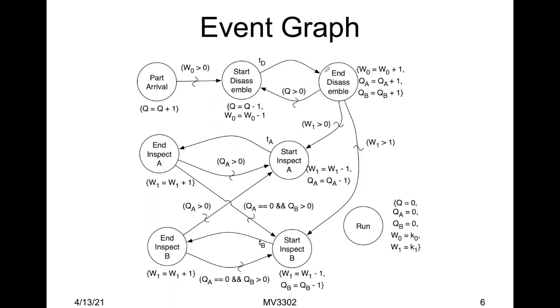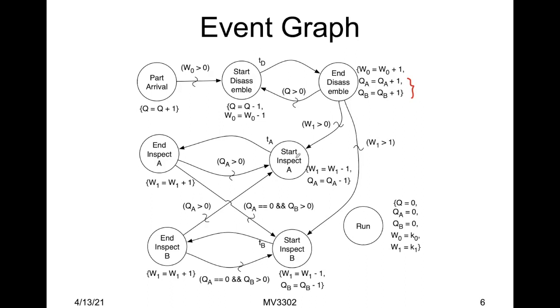Once they're finished disassembling, we assume that in no time we now have these two things available, and that means that each of the queues is going to be incremented. So this is something a little different. We have two queues, and all of a sudden two items show up at once.